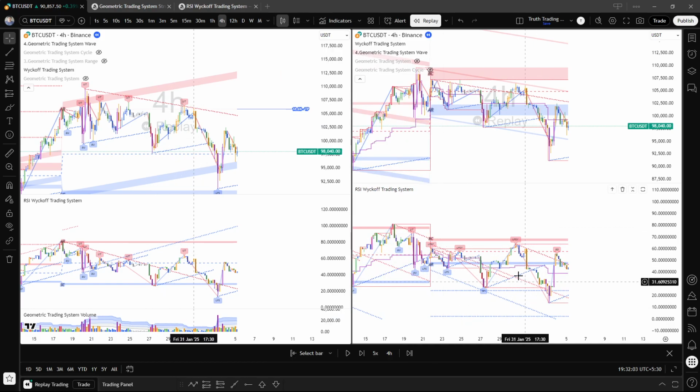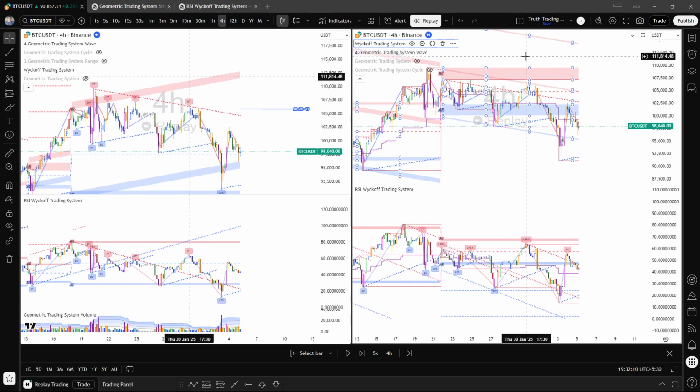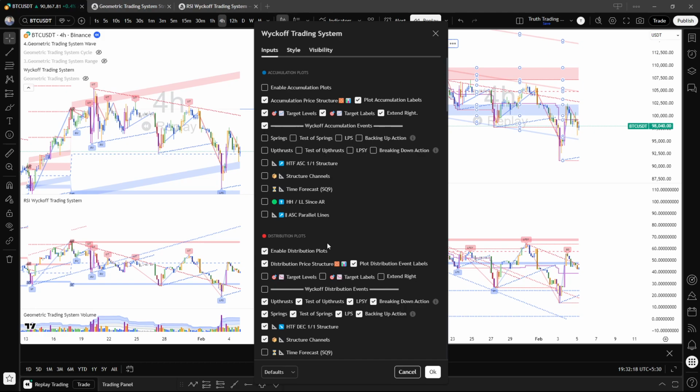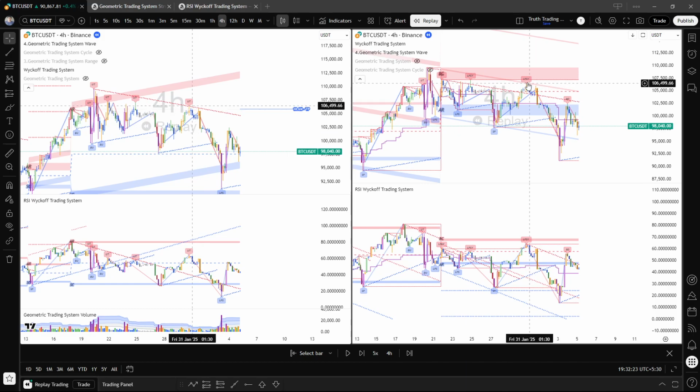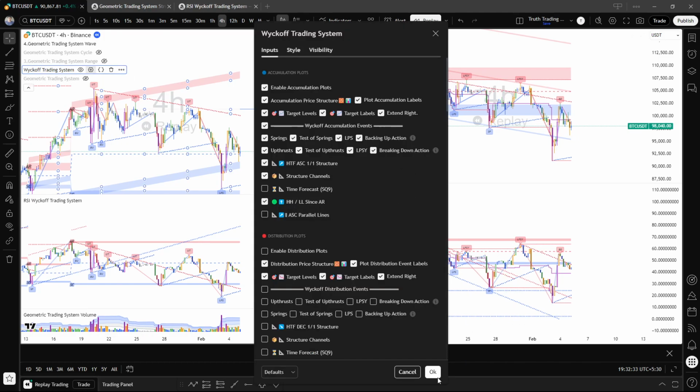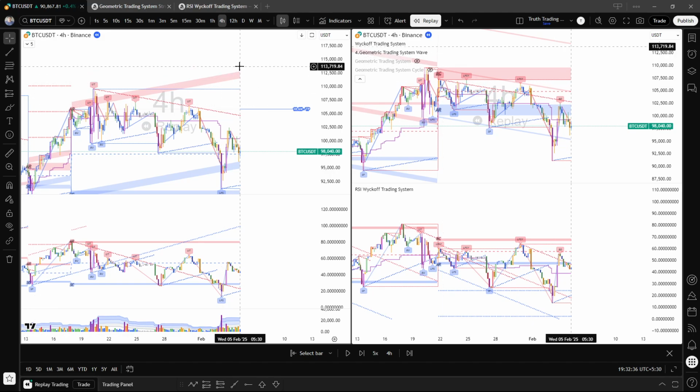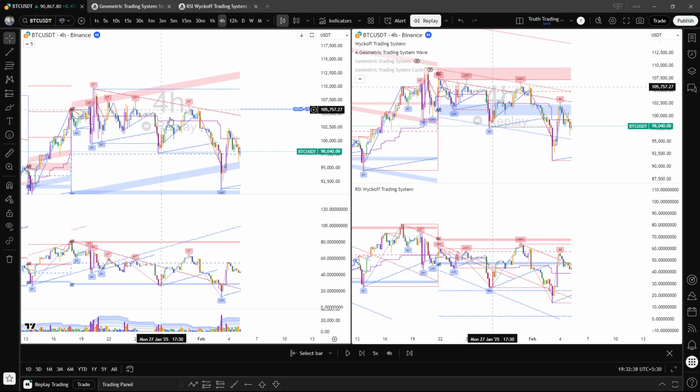So I just disabled the parallel line, and you see from the distribution perspective, the market was descending down, and it was making LPSY here. Let me just enable all these. Okay, you see LPSY, right? Spring, LPSY is coming down. The midpoint is already decreasing, descending. So that's a good sign, right? So yeah, in both of them, it's descending.